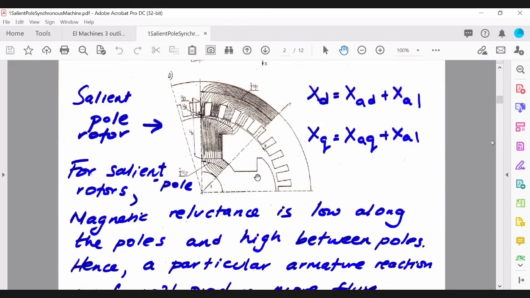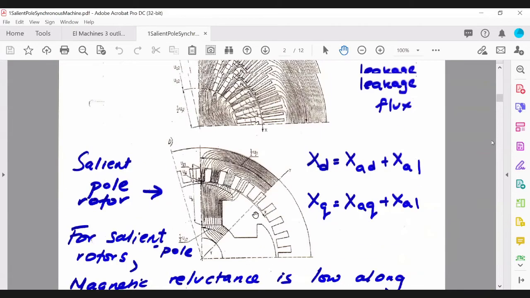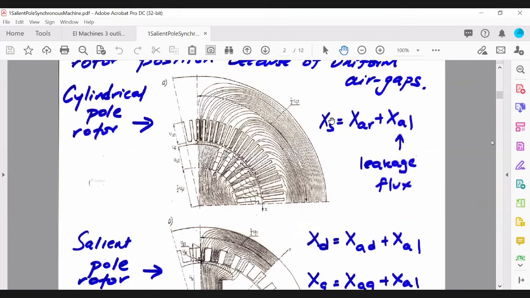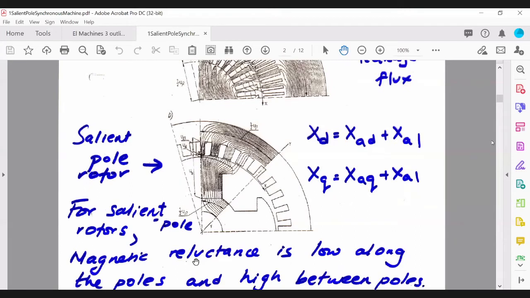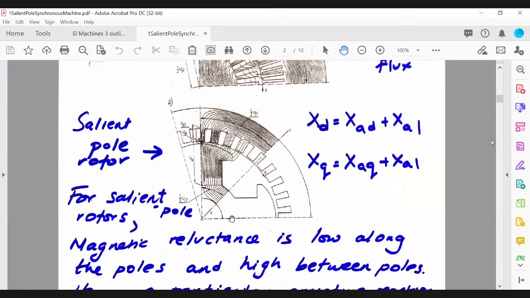Okay, so obviously now we cannot use only one synchronous armature reaction reactance. We have to have two of them because there are two different axes where the reluctance is different. Obviously then the flux distribution is different. So now, as you can see, we've split the reactance into two different components.